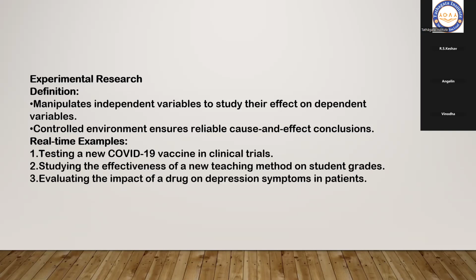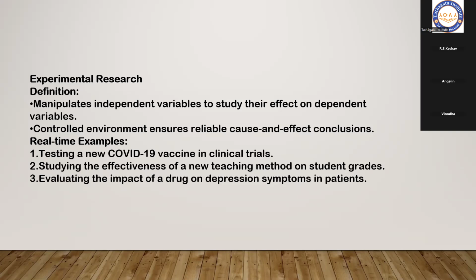It is done in a controlled environment, which ensures reliable cause and effect conclusions. Real-time examples would be testing a new COVID-19 vaccine in clinical trials. It would only be done in a closed environment to find the solution, an outcome.